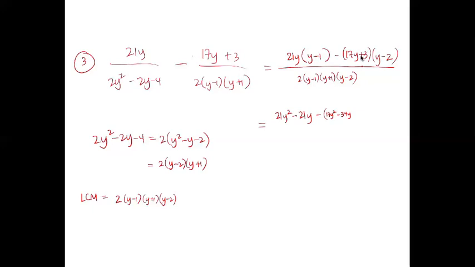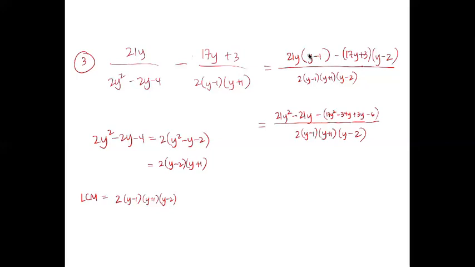And then 3 times y, so plus 3y. And then 3 times negative 2, that's negative 6. Of course, we'll just copy the denominator and retain this in factored form. You don't multiply them out. So you just retain that: 2 times y minus 1, y plus 1, y minus 2.